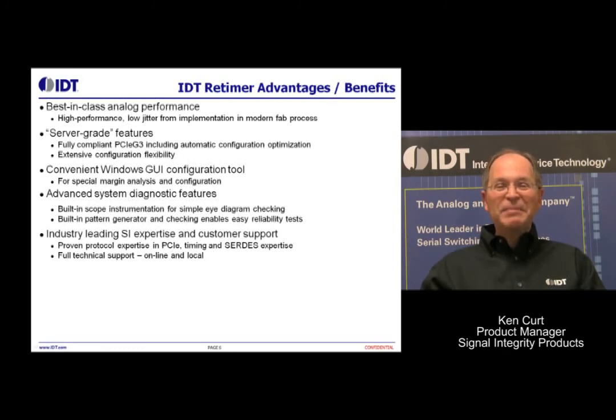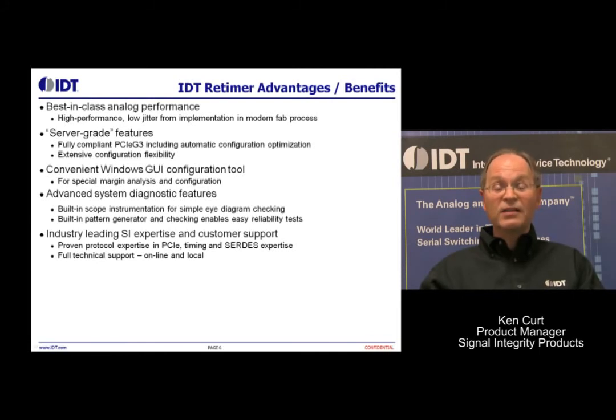Okay, so to wrap up the advantages that IDT brings in terms of signal conditioning products, we have best-in-class analog performance. And this is hereditary. It's based on our experience with building high-speed memory buffers, the physical interface of those, built on our experience with PCIe switching and SRIO switching and other devices.